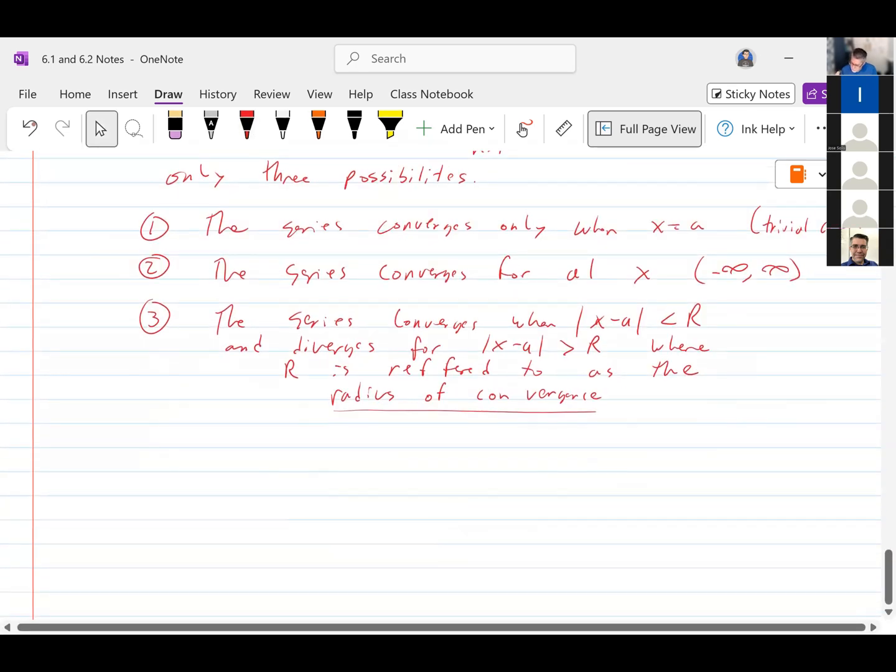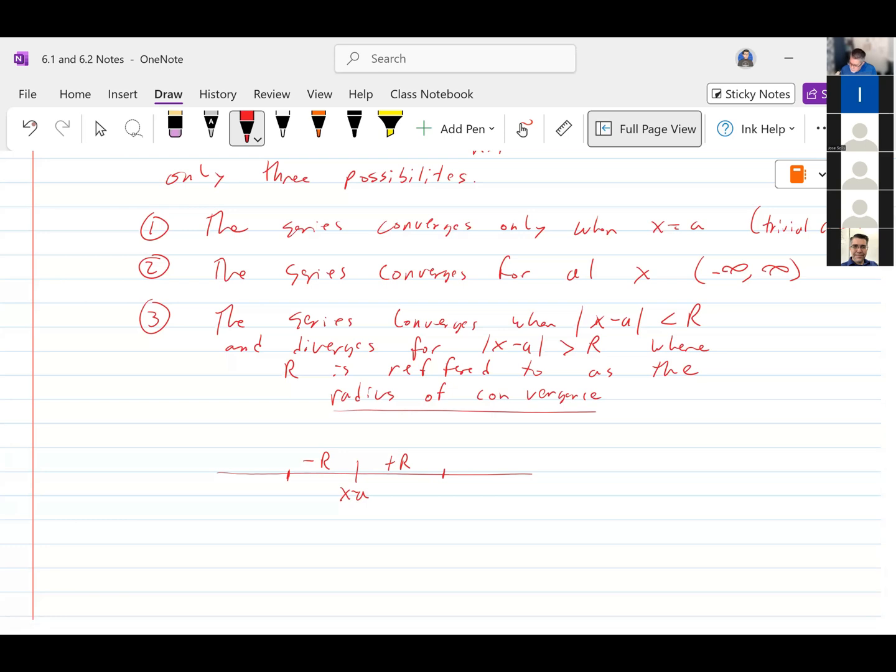So if you think about this, you have a value x minus a, and then you have a plus r and a minus r, that's going to go down to a negative r and a positive r. x minus a could be greater than negative r, or x minus a could be less than positive r.